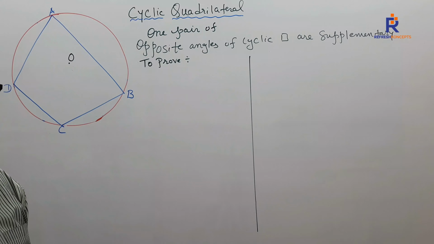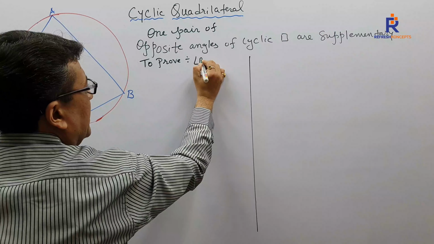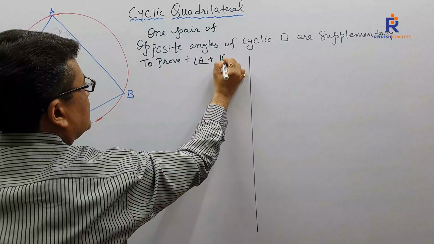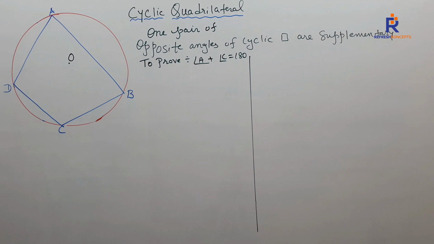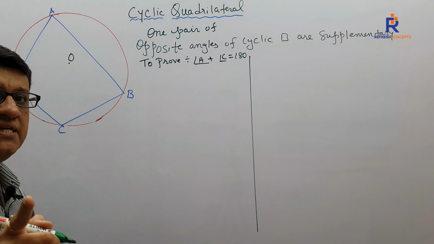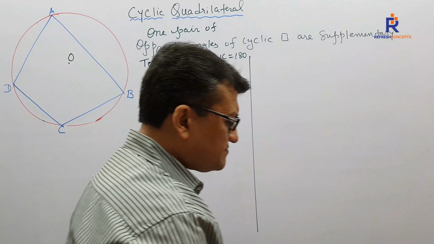Similarly, we can prove the second one. So I shall say over here, angle A plus angle C is 180. Supplementary means 180. Angle A plus angle C is 180.